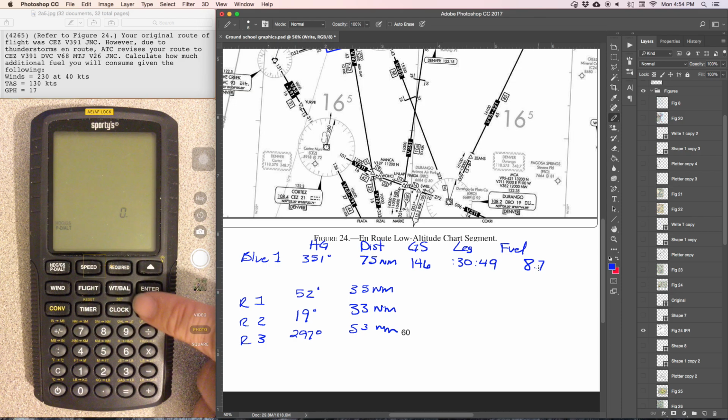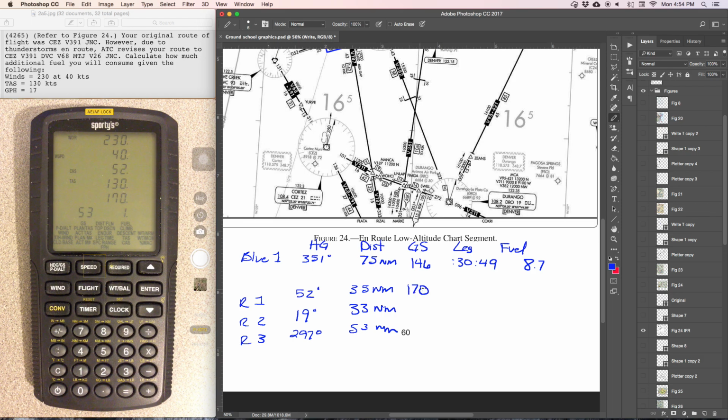So heading, enter wind information, which is going to stay the same. Course is 52 for the first leg. Airspeed stays the same. And then we get a ground speed of 170.